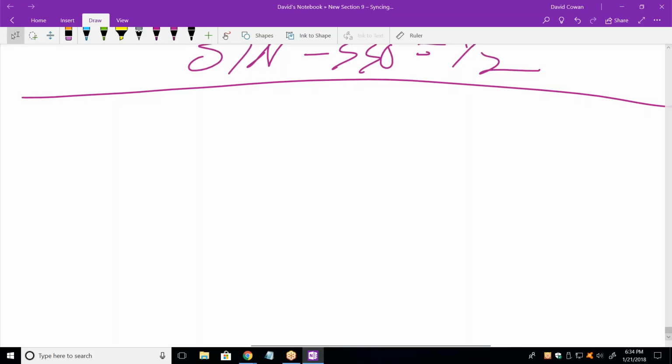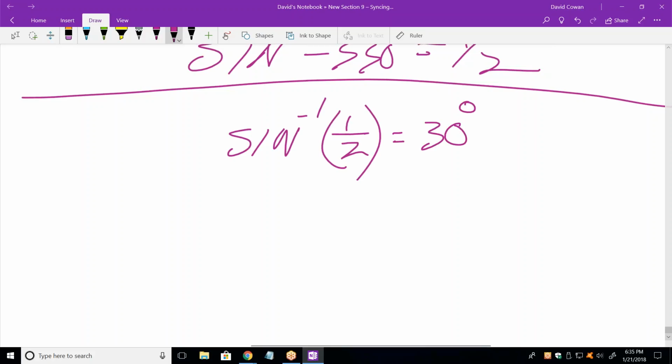Okay. So have you dealt with inverse trig functions yet? When I say inverse trig function, I mean the inverse sine of 1/2 is 30 degrees. Notice that if the sine of 30 degrees is 1/2, by definition, the inverse sine of 1/2 is 30 degrees.